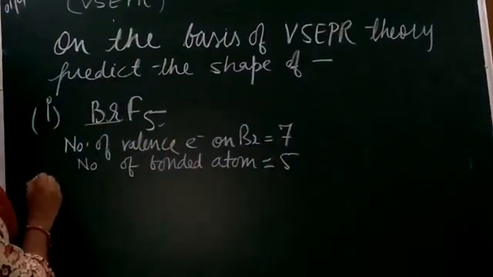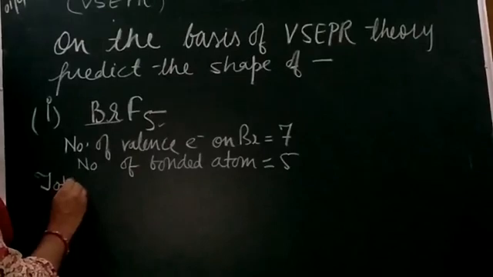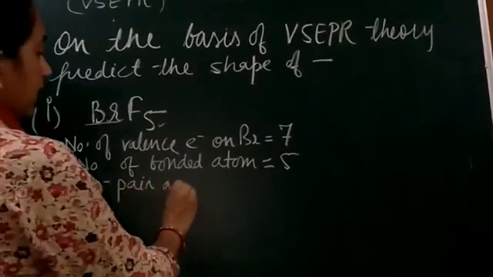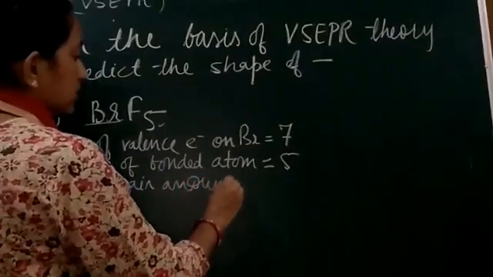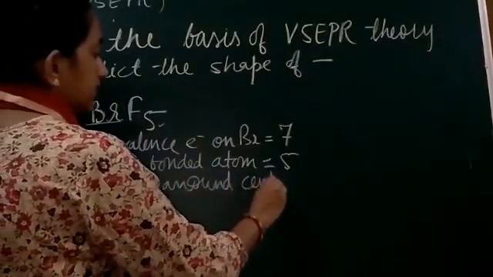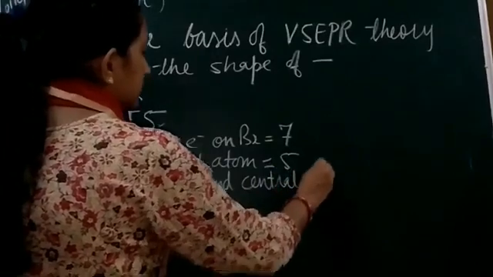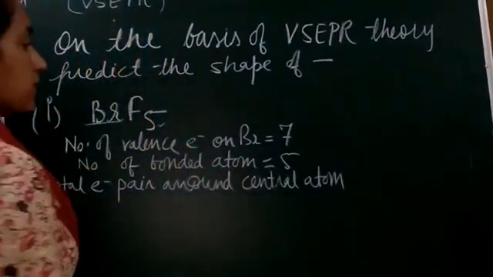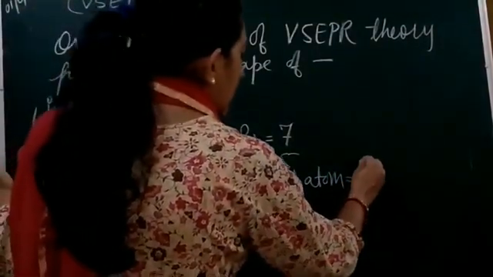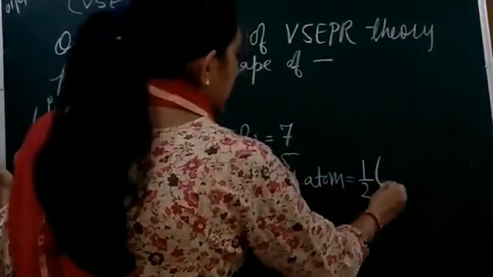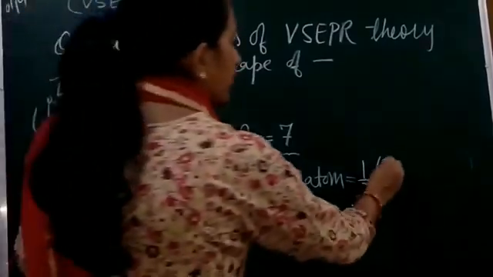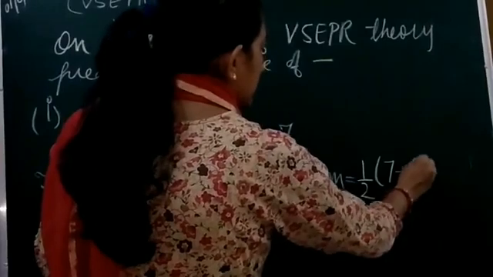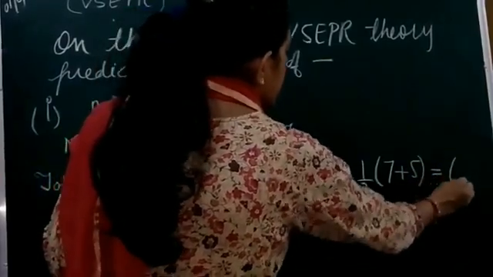Now we will find out the total electron pairs around the central atom, right? So it is going to be half of the total number of valence electrons plus the number of bonded atoms, which is coming how much, students? 6.